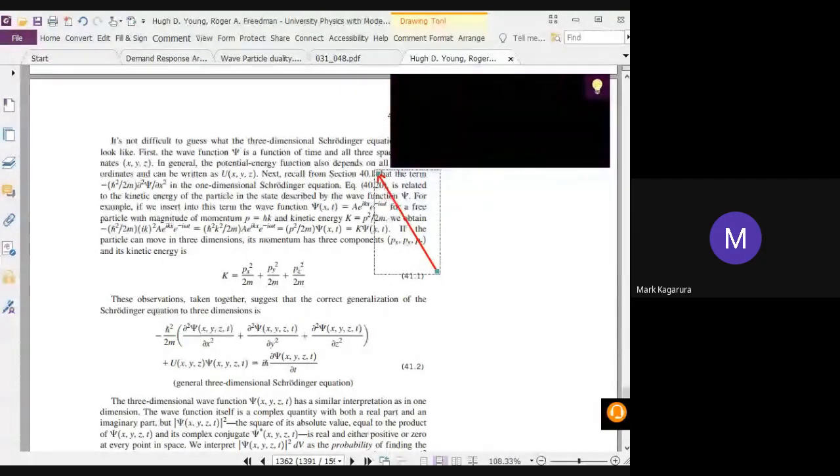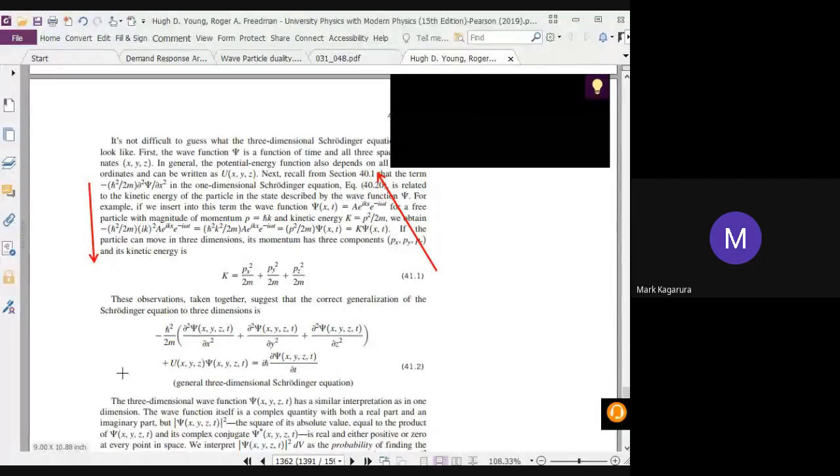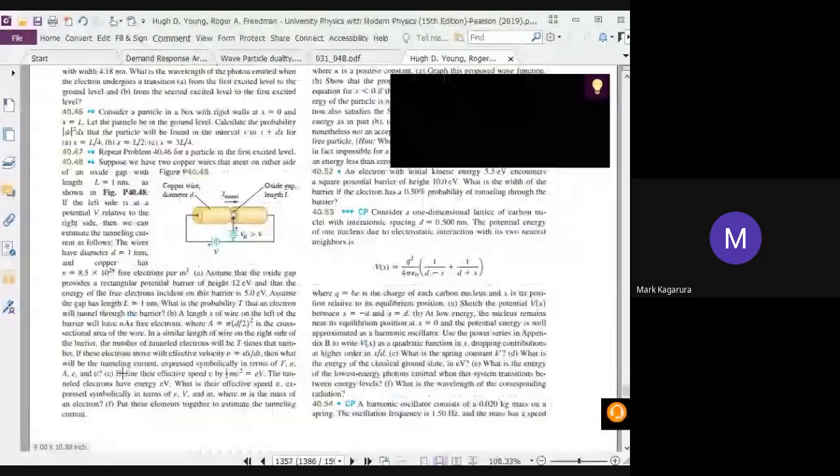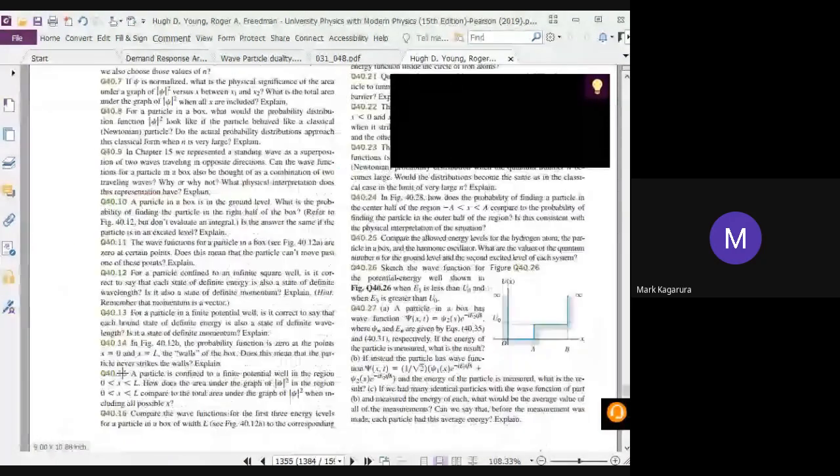So section 40.1, the whole thing here is the derivation over there. So they just get this for a free particle. Maybe we just need to emphasize that we have been looking at a free electron.